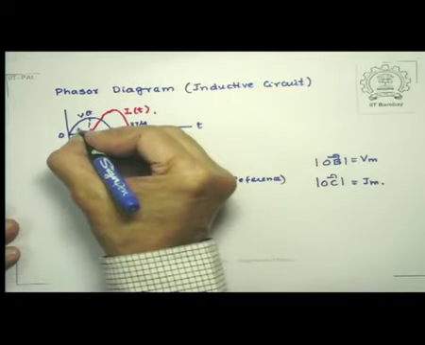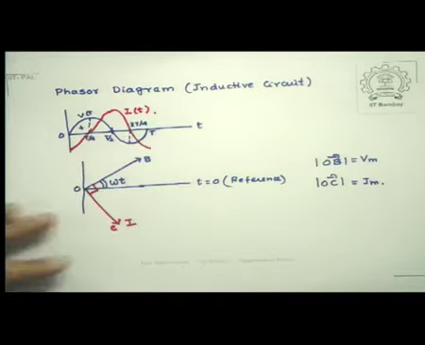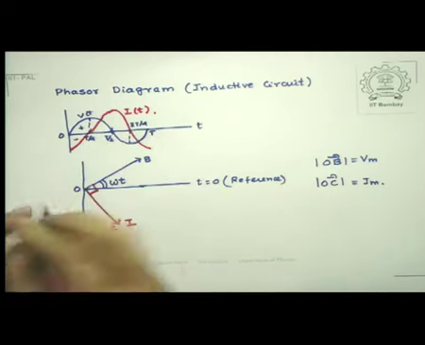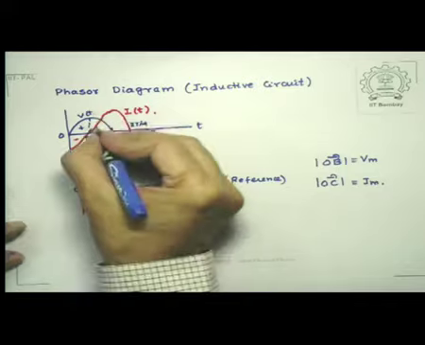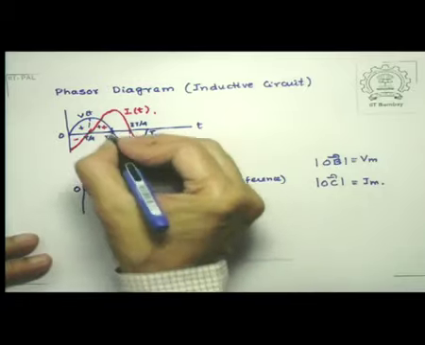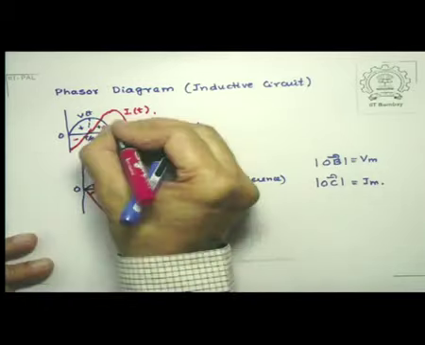When voltage is positive, the current is negative in the first quarter cycle. In the next quarter cycle, both of them happen to be positive. In the third, I have a negative from here and a positive from there.